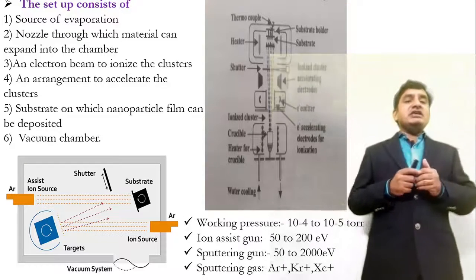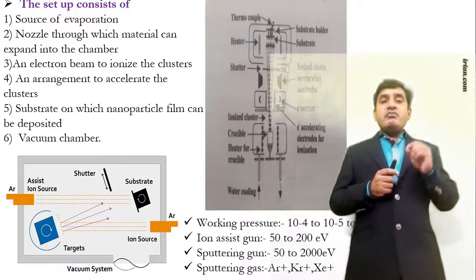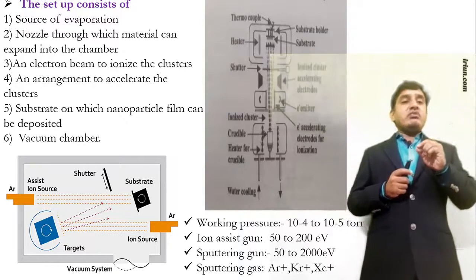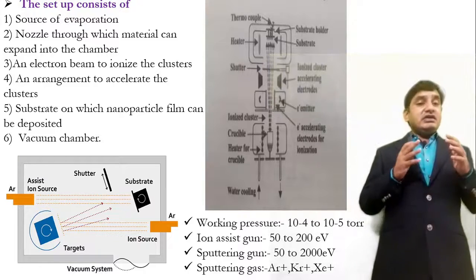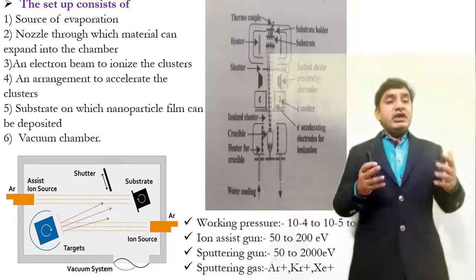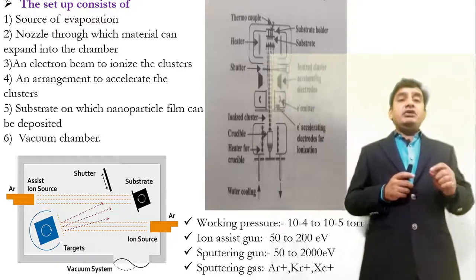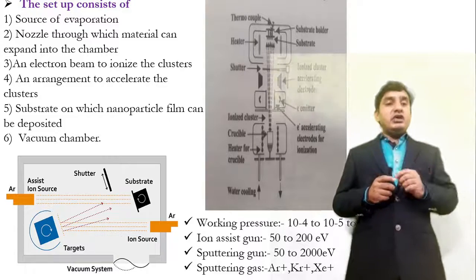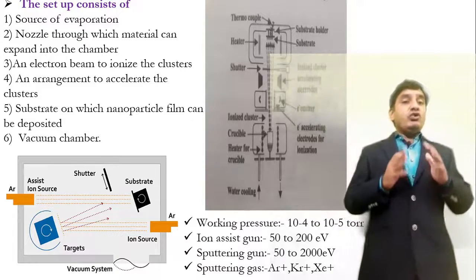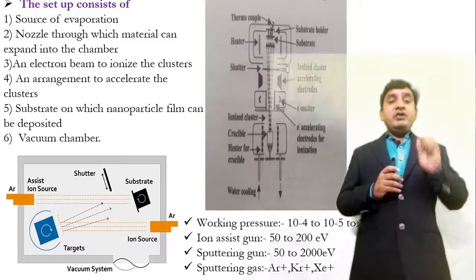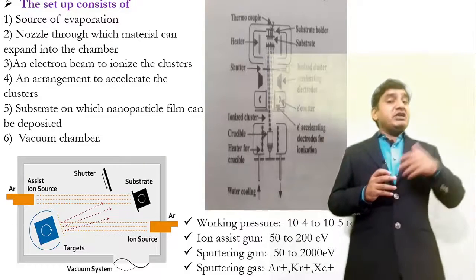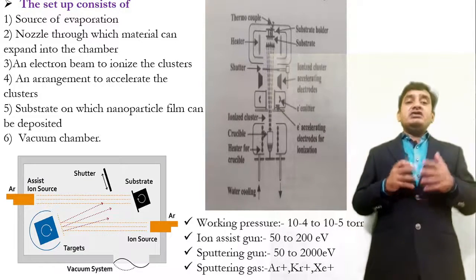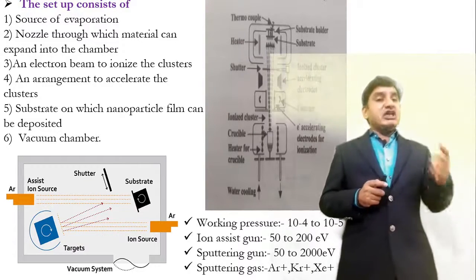The working pressure is about 10 raised to minus 4 to 10 raised to minus 5 torr. For the ion assist gun, the voltage is about 50 to 200 electron volts. The sputtering gun voltage is about 50 to 2000 electron volts, and sputtering gases are used, that is argon, krypton, xenon.